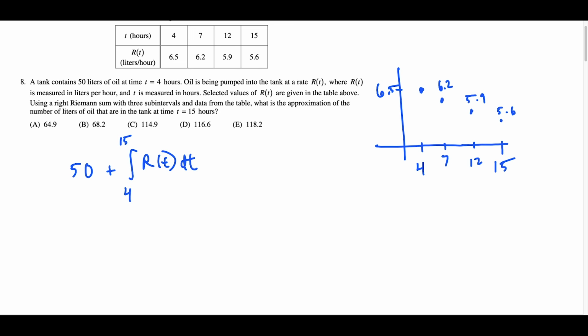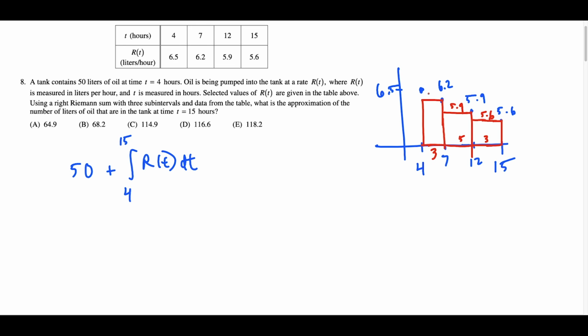So then the concept is that we want to find the area under this curve from t equals 4 to t equals 15, but using the right Riemann sum, from 4 to 7 is a distance of 3, and we're going with the value on the right, so this is going to be a height of 6.2. Then from 7 to 12 is a distance of 5, and we're going with the value on the right, which is 5.9. And then from 12 to 15, that distance is 3 units across, and we're going with this value on the right. We're going with 5.6.